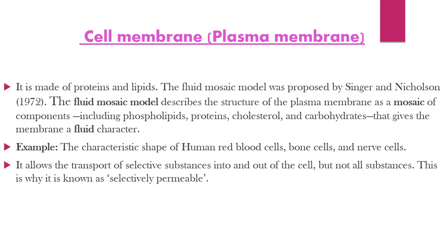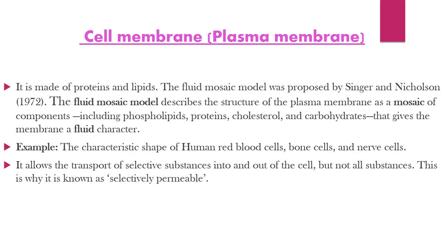So, the cell membrane, also known as the plasma membrane, is made up of proteins and lipids. There are many models given by various scientists, but the fluid mosaic model was proposed by Singer and Nicholson in 1972.